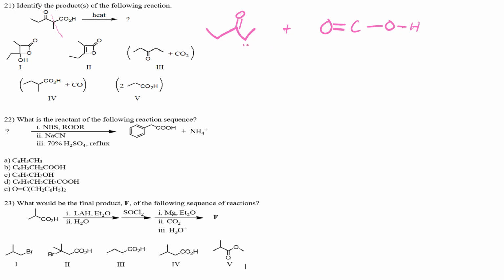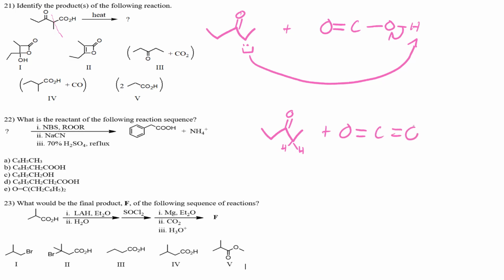So this hydrogen breaks out towards the oxygen. This carbon right here is going to pick up this hydrogen. Okay? So now we have this right here. There you go. And so technically, you made a ketone and a carbon dioxide.